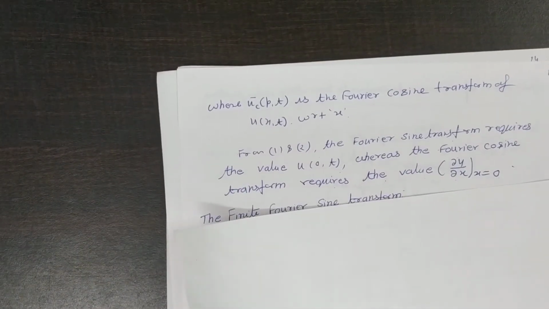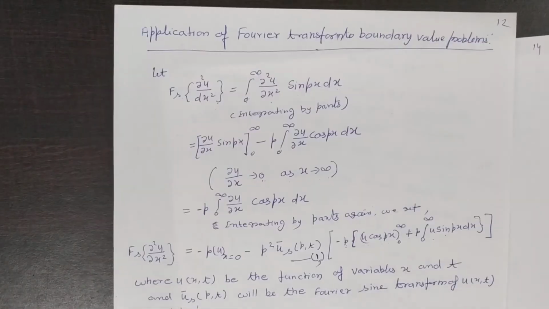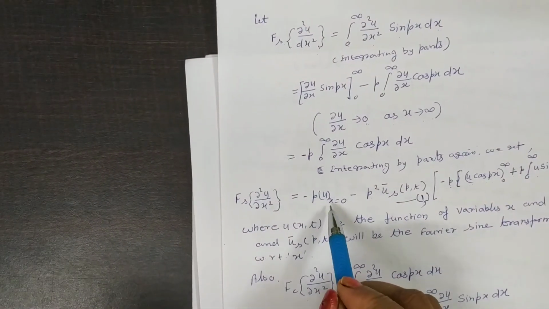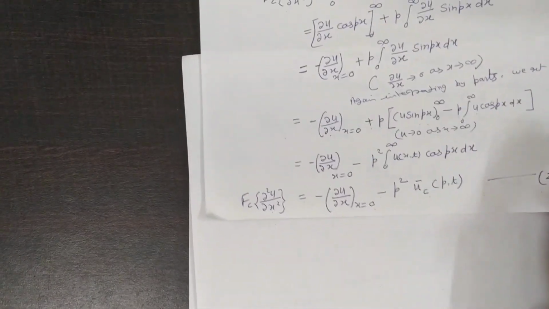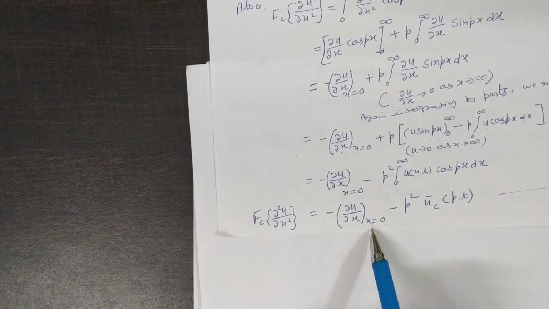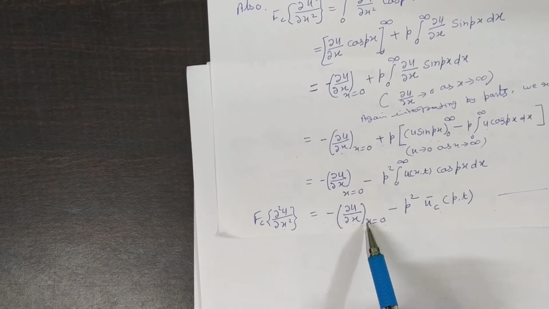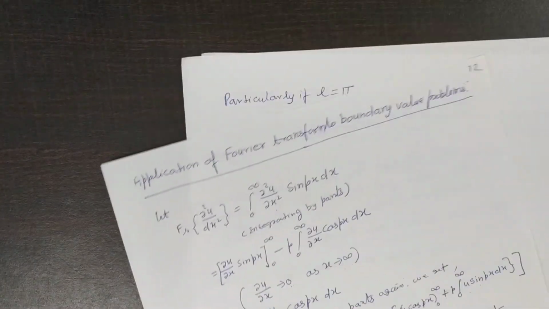You see here, for the sine transformation you require the value u(0,t), and for the cosine transformation ∂u/∂x at x equal to 0. You see this one. Students, clear?